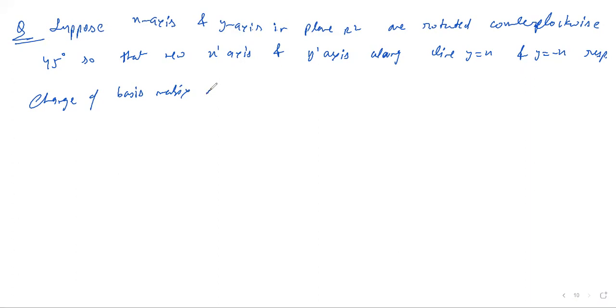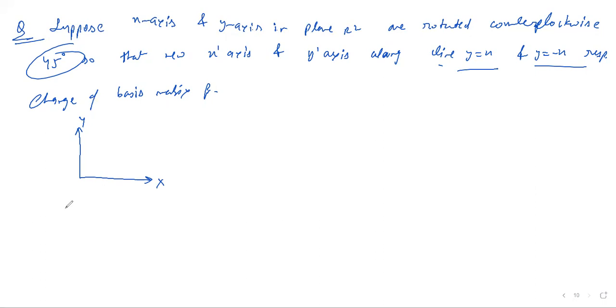So the case here is that this is our x-axis and this is our y-axis, in the R square plane. We have rotated these axes in the counterclockwise direction by 45 degrees, and our new axes are on the lines y equals x and y equals minus x.